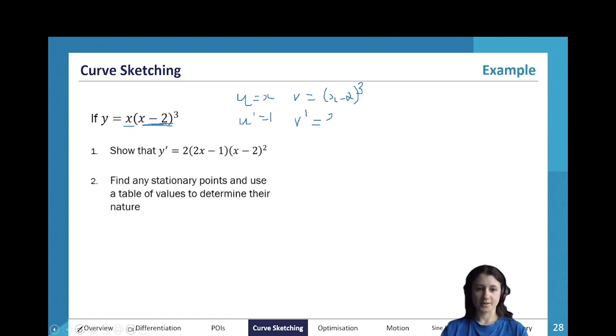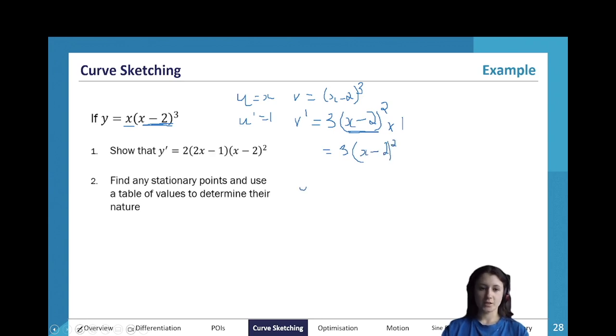We're going to take the old power there, leave what's in the brackets as is, take 1 from the old power, and then multiply by the derivative of what you covered over, which was this part here. So the derivative there is only 1, giving us 3 times x minus 2 squared.